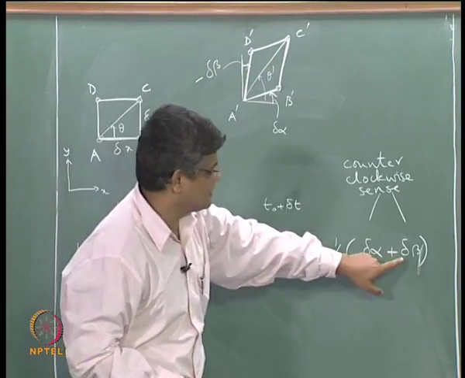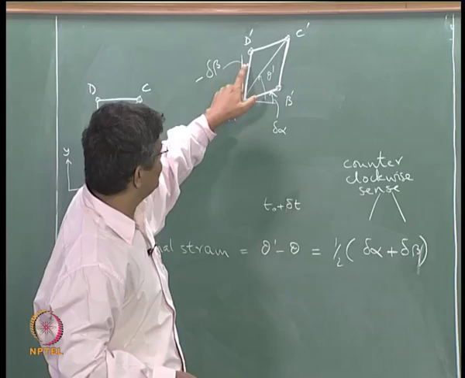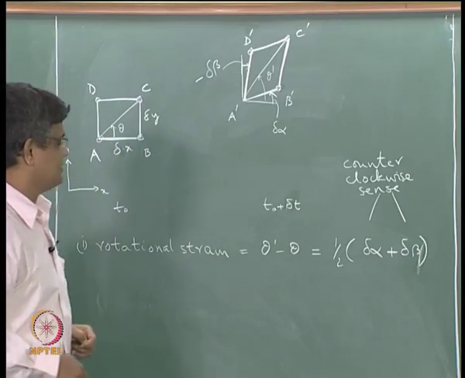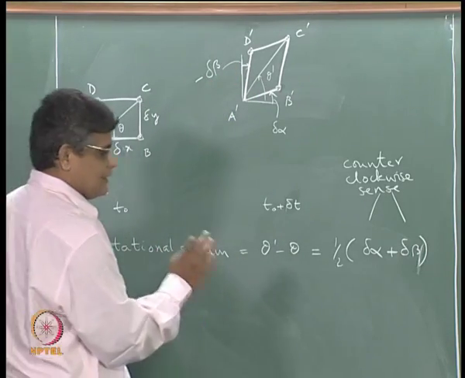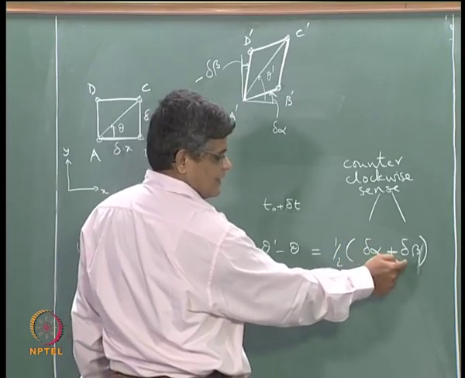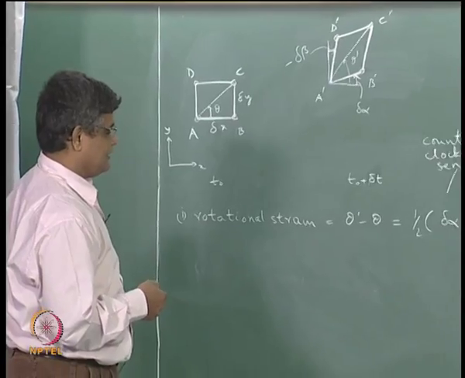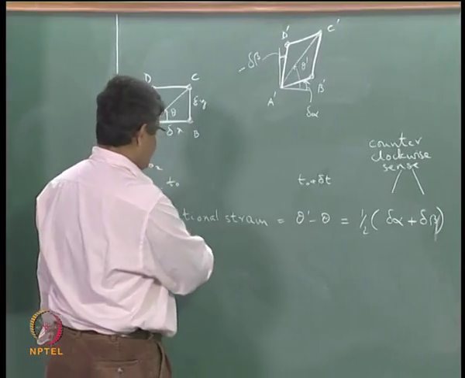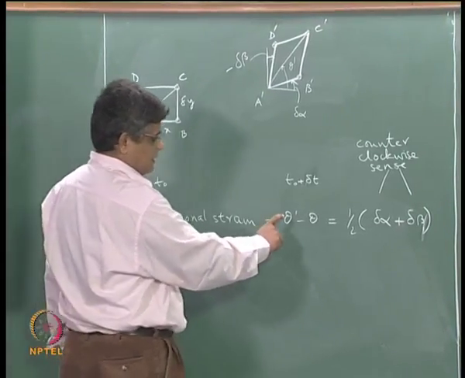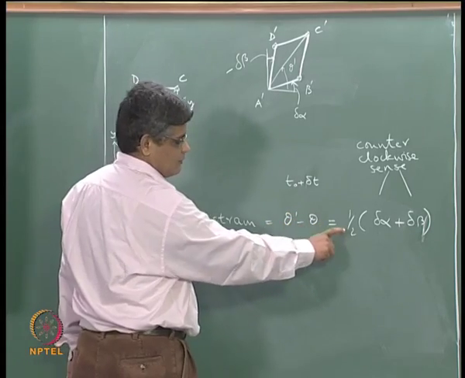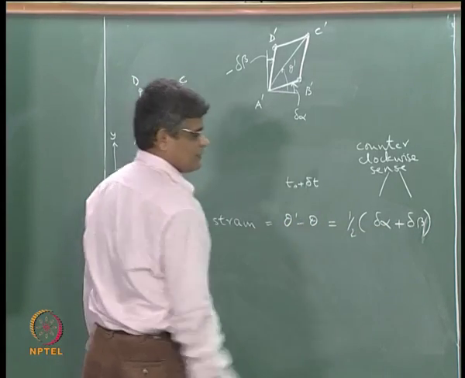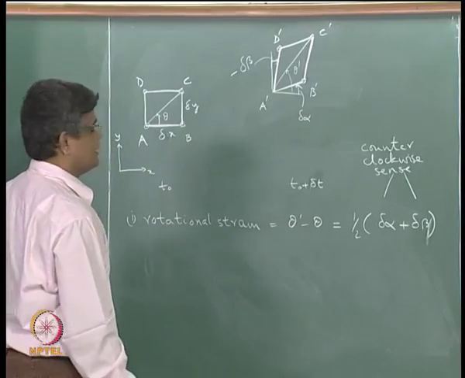So although we have put it as delta beta, here it is reduced because we have got minus delta beta. So we can say that in general, when delta alpha and delta beta are measured in the counterclockwise sense, the rotational strain is given by theta prime minus theta, which is half of delta alpha plus delta beta. Now what is delta alpha?